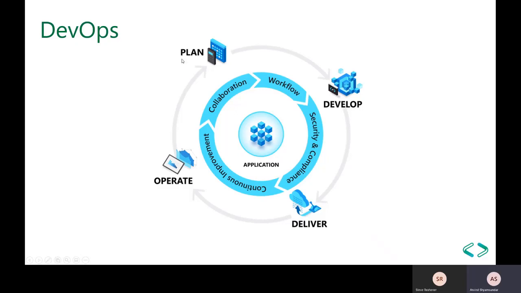Your users need new features, so you plan for those features through user stories, tasks, and the backlog. You assign developers to work on those, they write code, then they deliver that code, and it continues in the cycle of operating, planning, developing, and delivery. So this is like a formal or a neutral view of the life cycle.